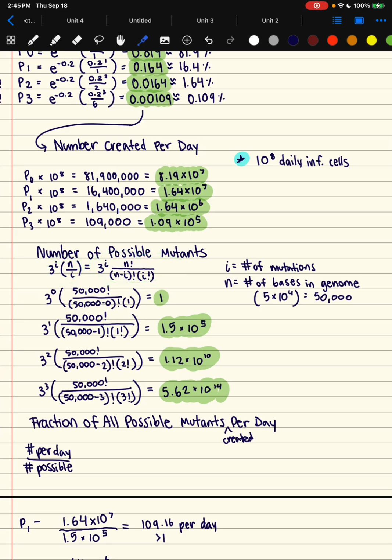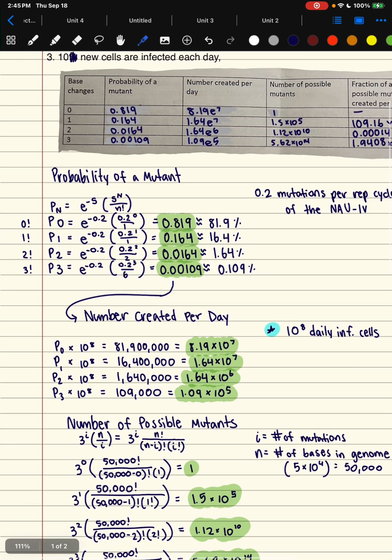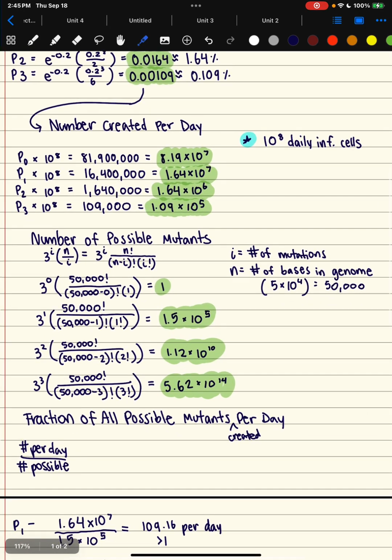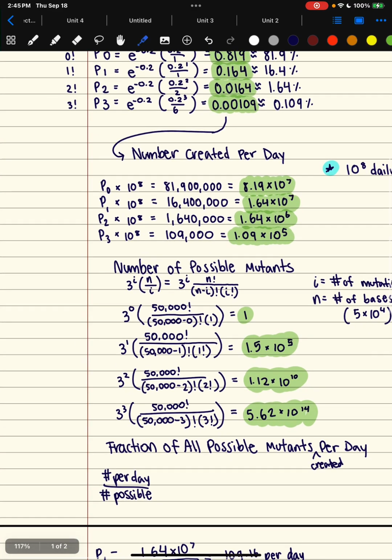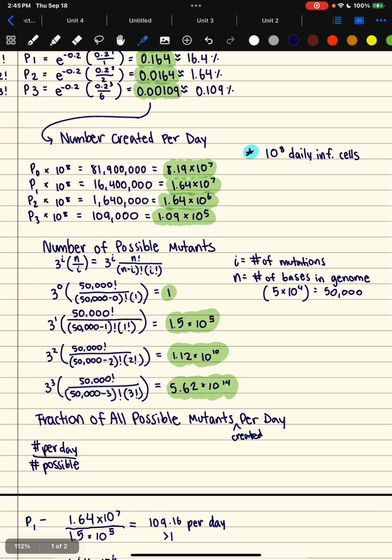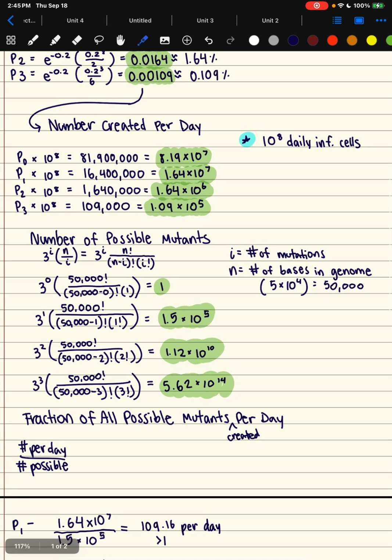This is per base changes, so we have 0, 1, 2, and 3, like the other ones we did earlier. I is the number of mutations, and N is the number of bases in the genome, which we're given as 50,000. The example we looked at in lecture today was 10,000, but ours is 50,000, so the math is different from that one, but it's all kind of the same.